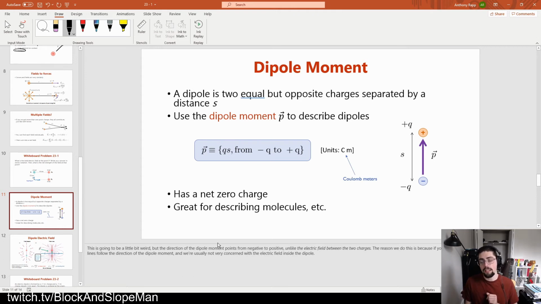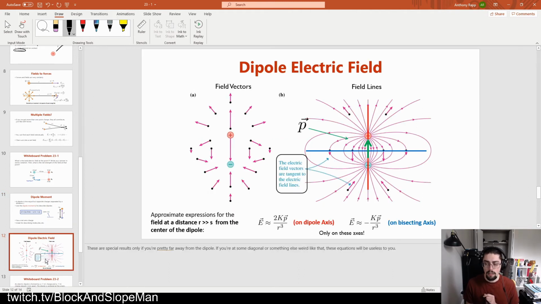The dipole moment is equal to the charge, the magnitude of one of the charges, so just one of the q's, times that separation. And the direction is the funky bit. The direction goes against where you would expect the electric field to go. It goes from negative to positive. And the reason for that, I think at least, is because look how we could describe this if we were to actually look at the field of a dipole.